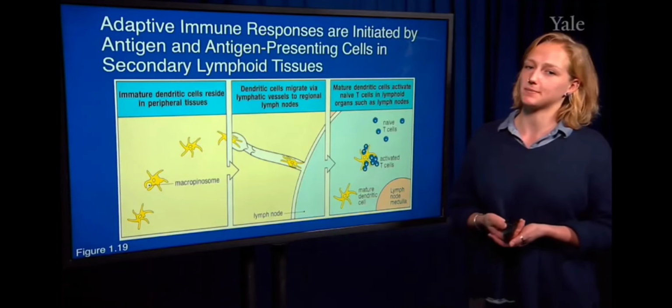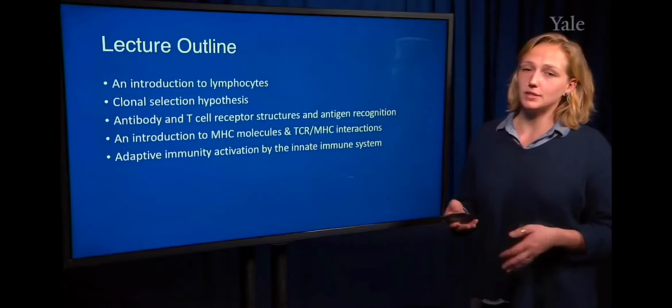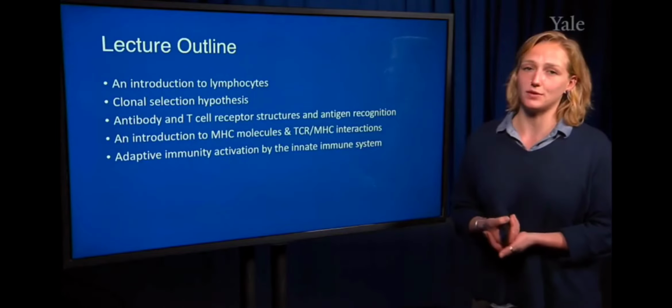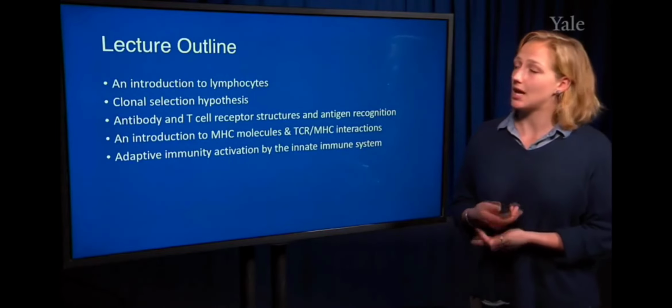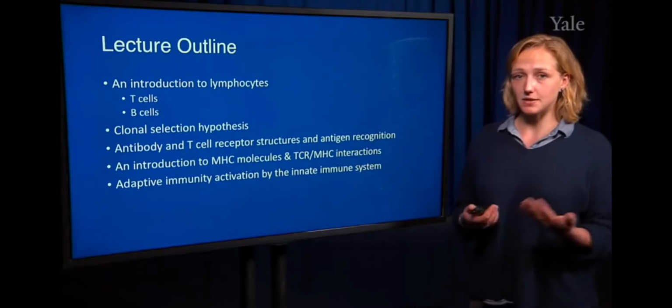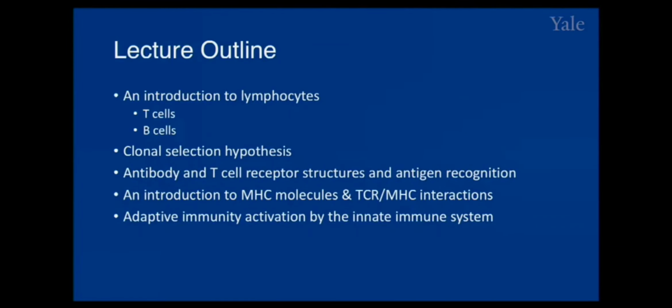And with that, we've really encompassed our brief introduction to adaptive immunity, where we talked about lymphocytes, so our T cells and our B cells, where T cells come in two flavors: T helper cells, which mediate the type of adaptive immune response that we have, and cytotoxic T cells, which can also directly kill infected cells.